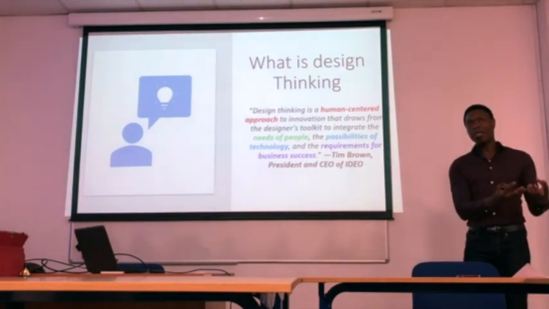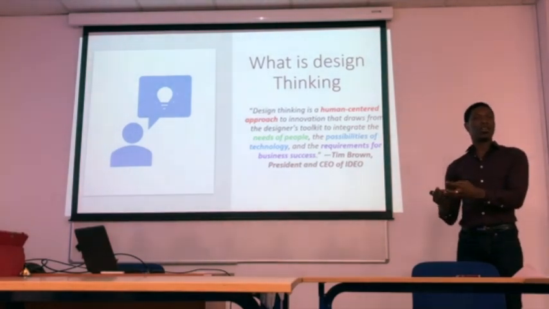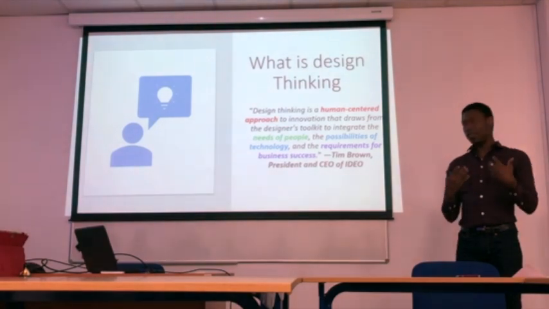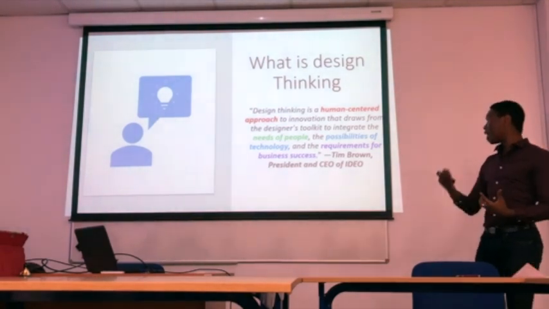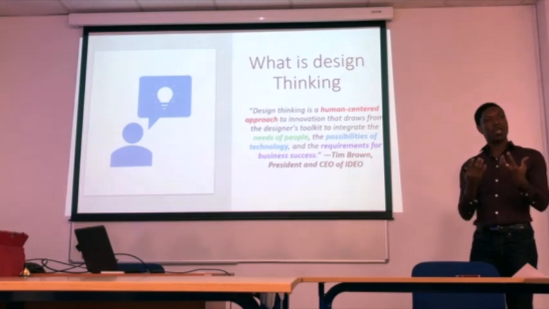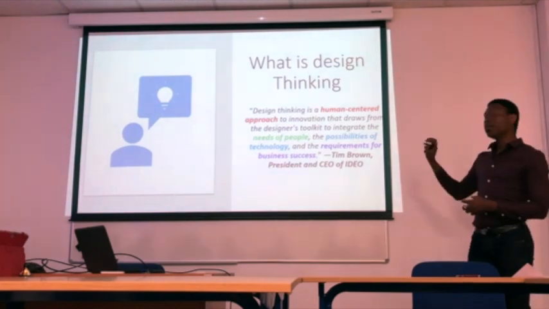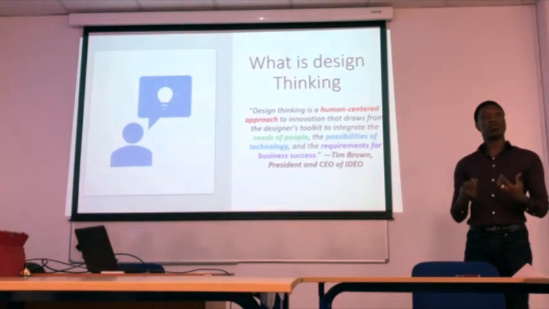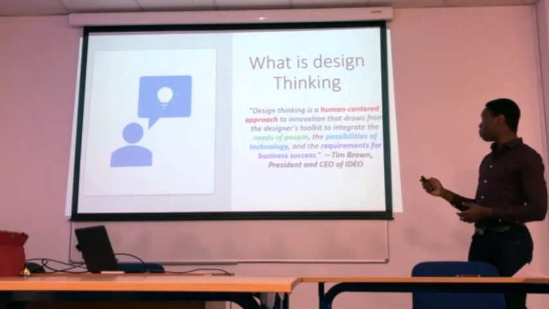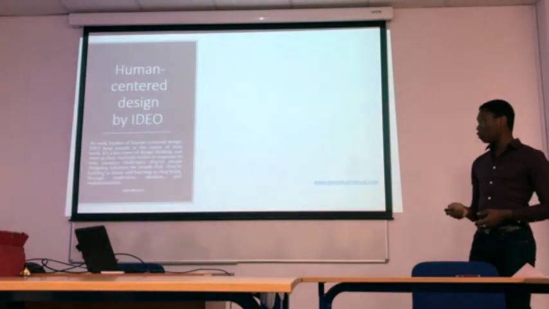Customer needs, the possibility of technology, and the requirement for business success, to make a whole. These are the three things that design thinking is trying to merge together to come out with the solution.